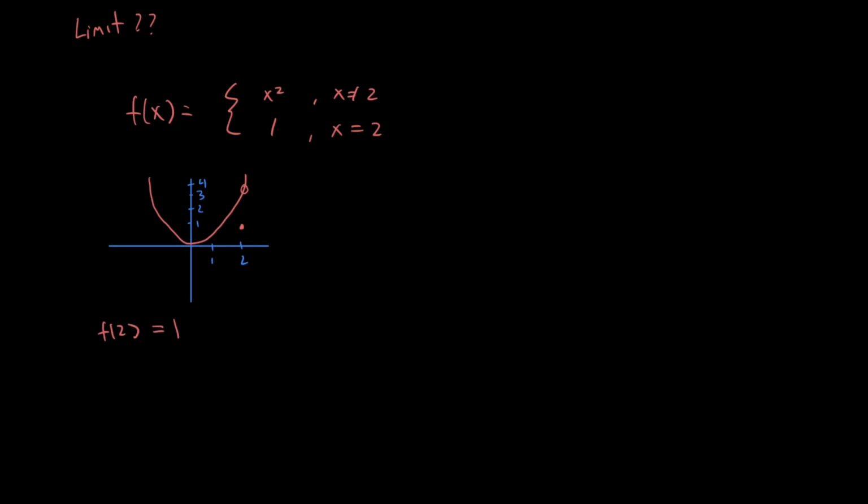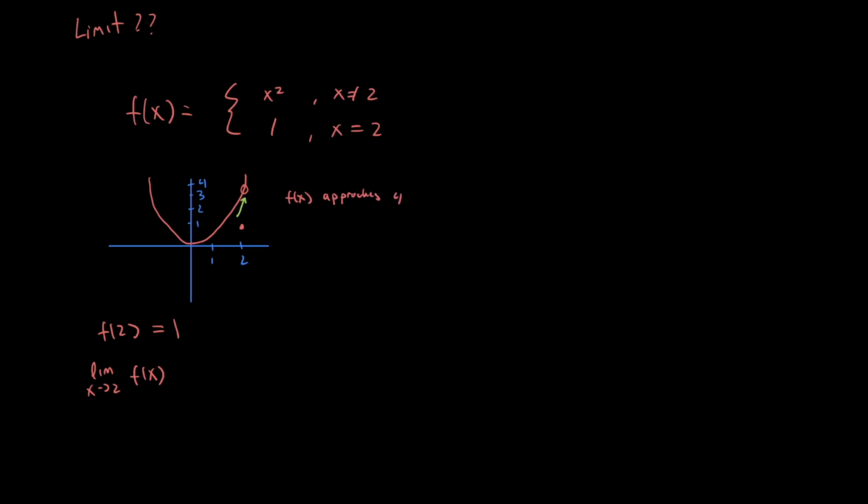But what if I asked you what is the limit as x approaches 2 of f of x? So we look at the graph here, and we look at what this number approaches. Not what it is at 2, but what does it approach as x goes to 2. So if we approach it from the left-hand side over here, we can see that f of x approaches 4 from the left-hand side.